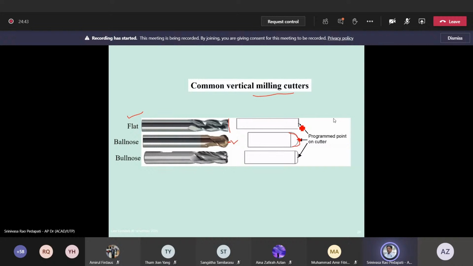Whereas here, if you say x comma y, exactly all that surface is going there. Here only the tip is going there. In the other case, only a part of the ball nose is going, but still, of course, it is a wider area, not as pointed as this. So this is what we keep in mind while programming with milling cutters. Now, of course, this is when you use a CNC machine. We are trained for all that, and we know.